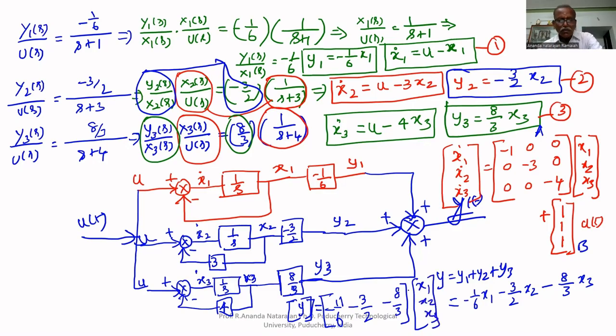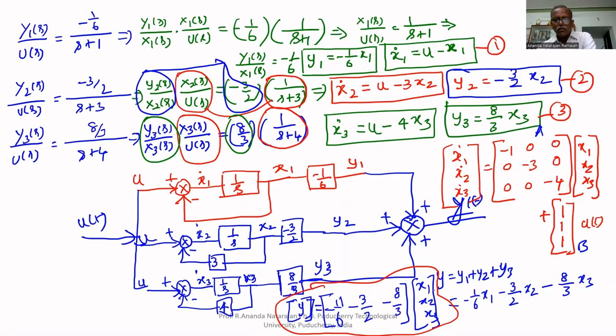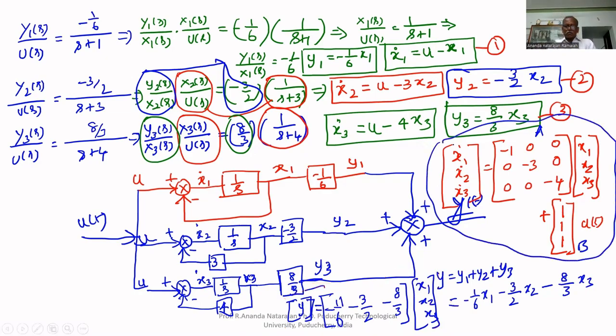That's all. This is output equation. This is state equation. That's all about the parallel form of realization.